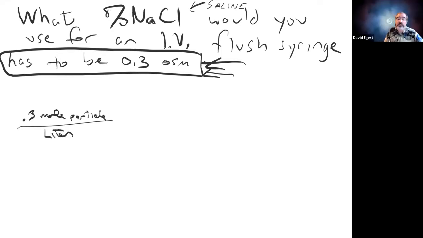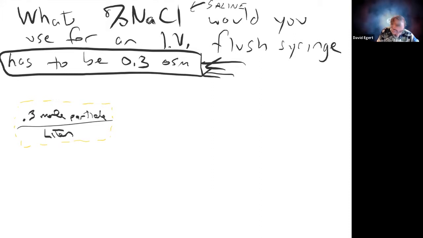So this is where I'm starting, because I want to make sure that I'm 0.3 osmolar, and 0.3 osmolar, when we get down to it, means 0.3 moles of particles per liter. But ultimately, I want to talk about percent NaCl. So I'm going to have to ultimately have grams of NaCl on the top and grams of solution on the bottom. So I'm going to have to take a few steps here.